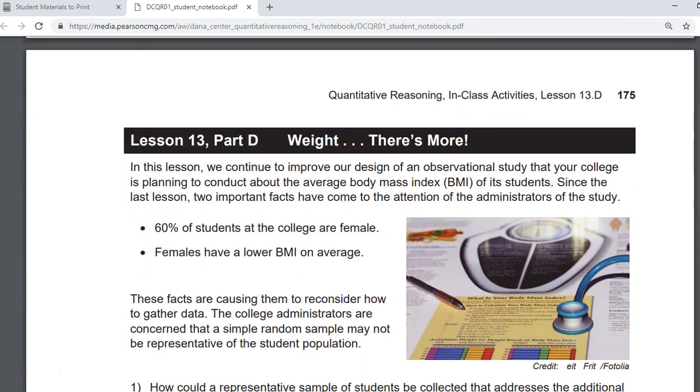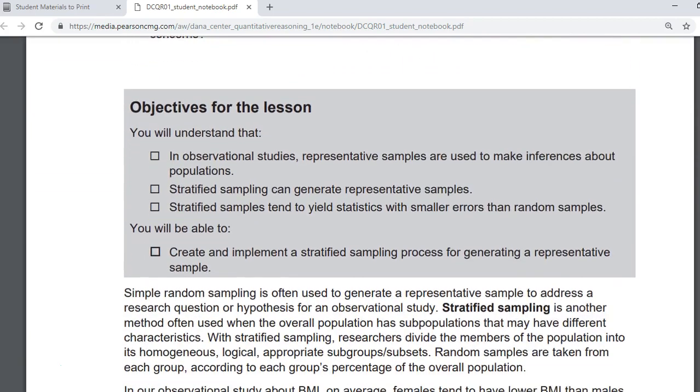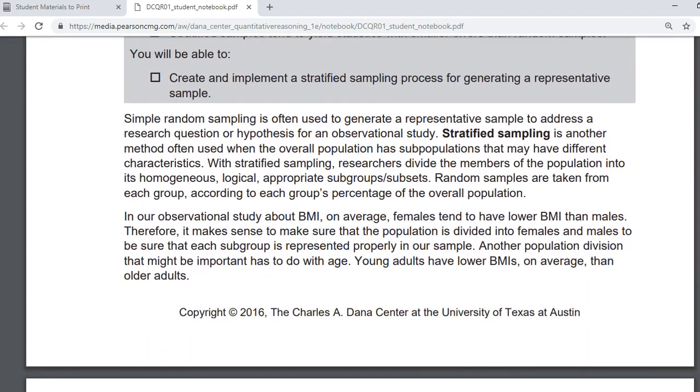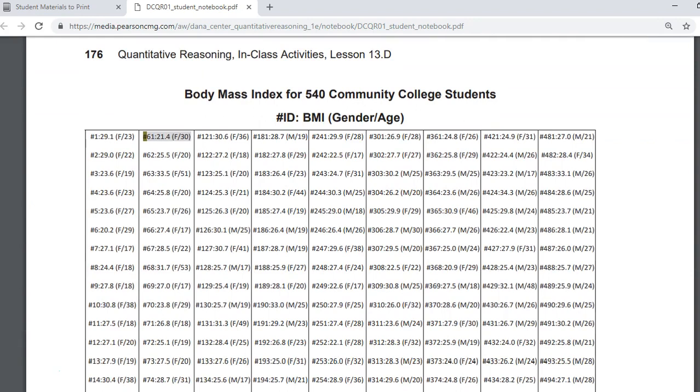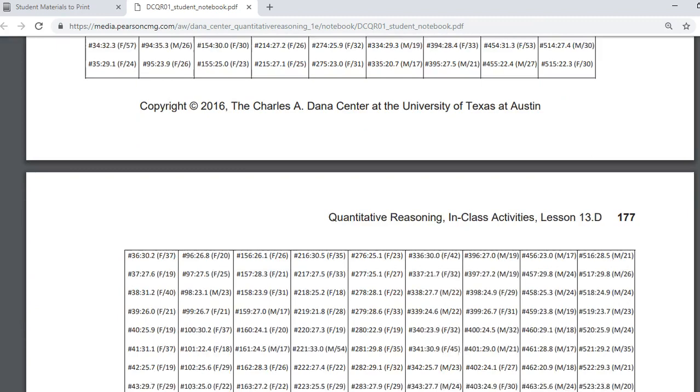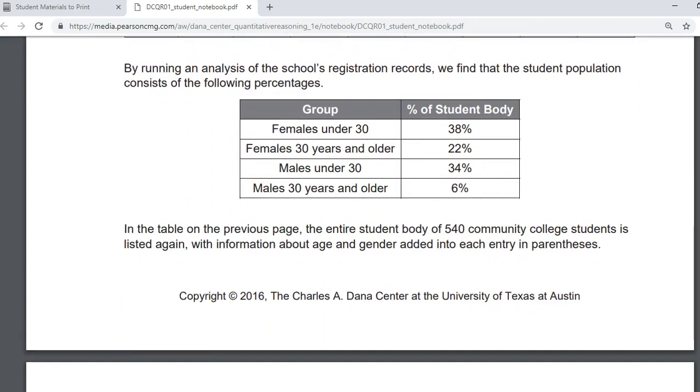And then finally at 13D, wait, there's more. We're going to do something different. And you notice in bold it says a stratified sample. And all of this is going to look really familiar, but I can ask this on the test too to conduct a very small stratified random sample.